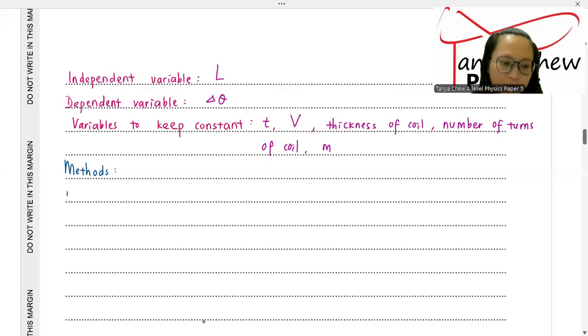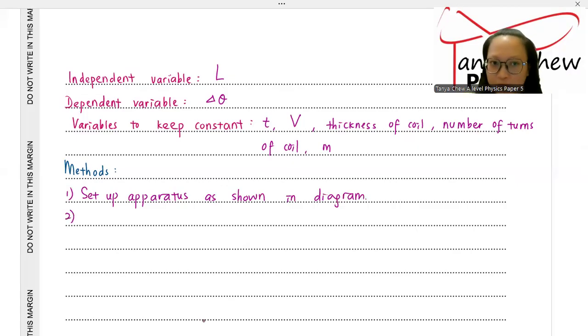So my method, first one, I always start with: set up the apparatus as shown in the diagram. And of course, I focus on the independent variable. You have to tell us, since we are the planner, how are we going to vary L?